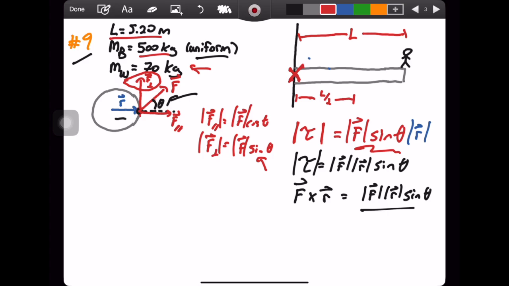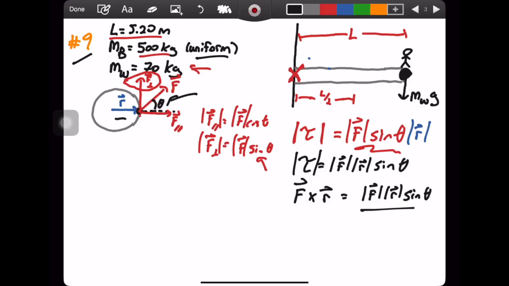So what's going on now is that we've got a couple of forces that are causing a torque about where the beam is bolted. The more straightforward one, quite simply, is if I represented the worker with some point mass, then there's a gravitational force that is the mass of the worker, g.